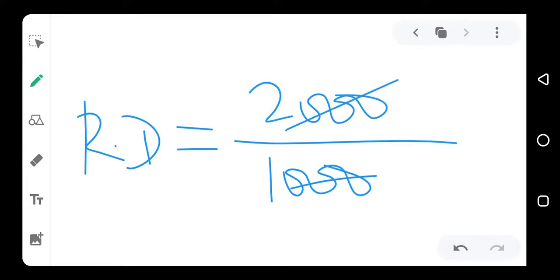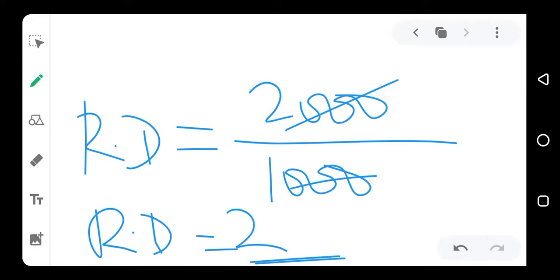So we are going to have that RD is equal to 2. Answer: we don't have any units for it, so the answer is just 2.